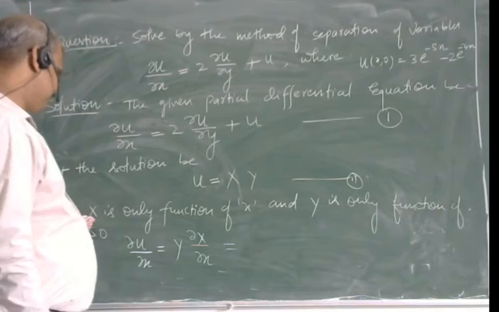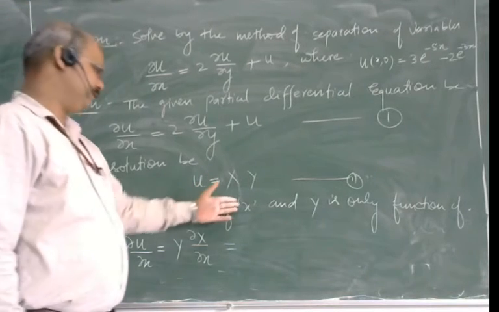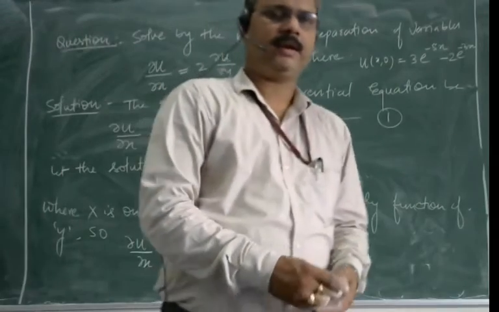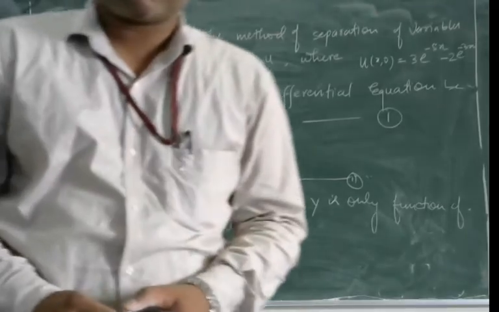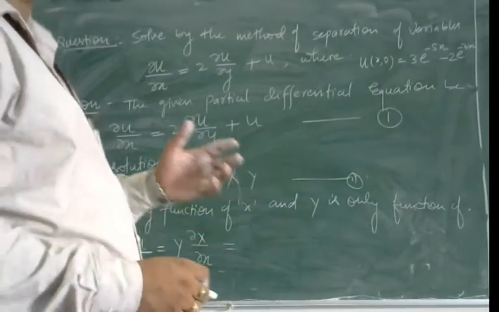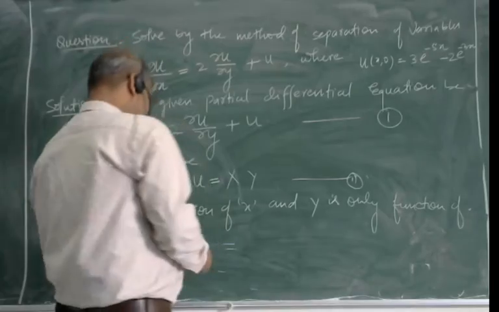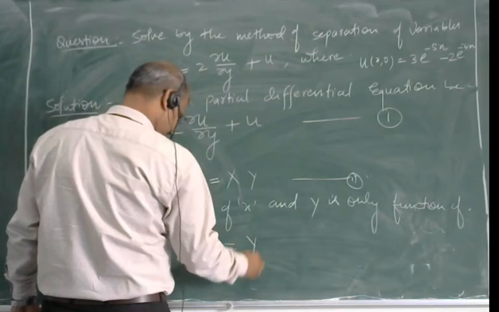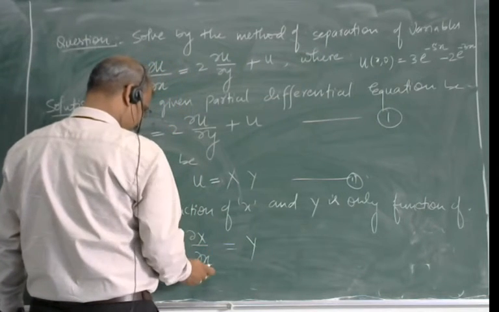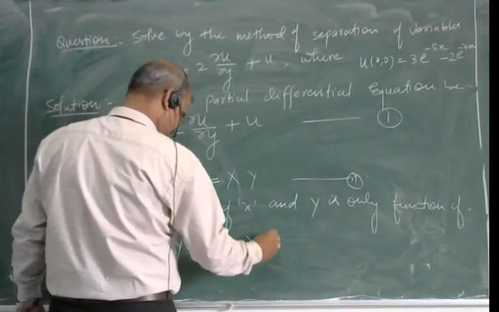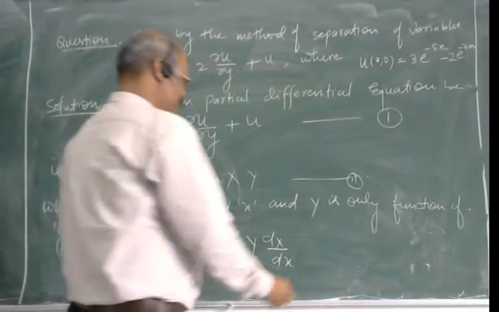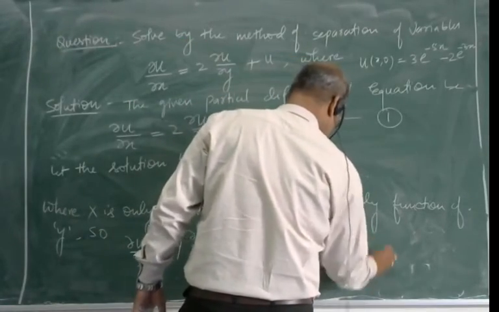Since here X is the only function of x, you know very well that whenever a dependent variable depends upon only one independent variable, the differentiation should be of ordinary type. So del X by del x will be dX upon dx. This is equation number 3.